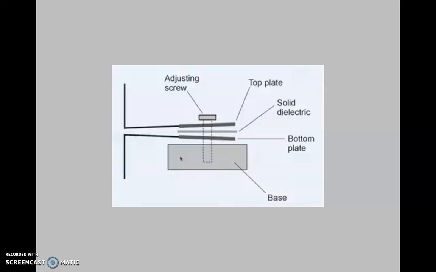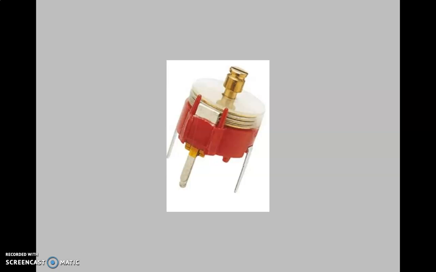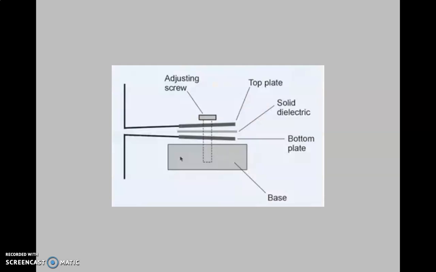Coming to the construction of the trimmer capacitor, they are made up of semicircular metal plates where one is fixed and the other one is rotated using a screwdriver. Capacitance changes when the shaft is rotated. You can see the shaft here, the screw here. The screw is rotated, thereby increasing or reducing the overlap between the plates.